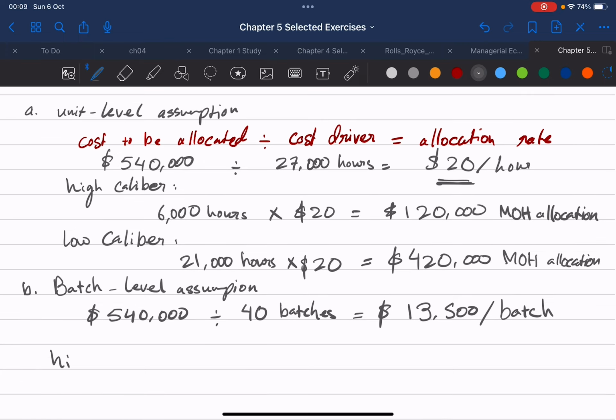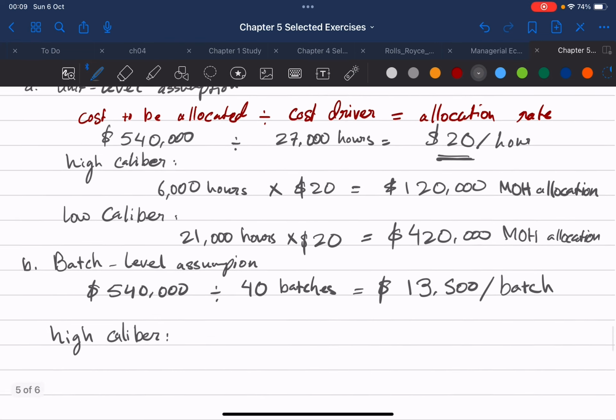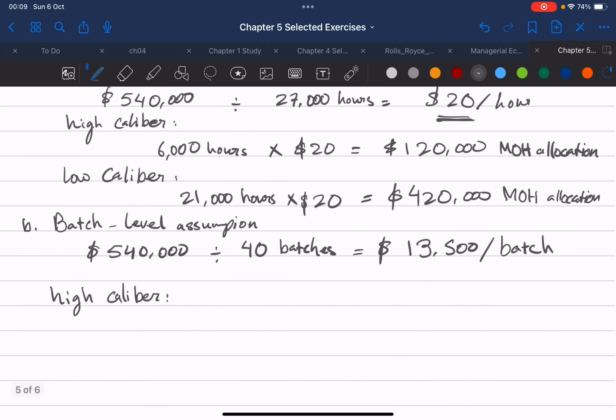So high caliber, how many batches for high caliber? As you can see, each one of them is responsible for 20 batches. So that means before I even do any calculation, I know that half of this cost is going to be allocated to high caliber and the other half is going to go to low caliber.